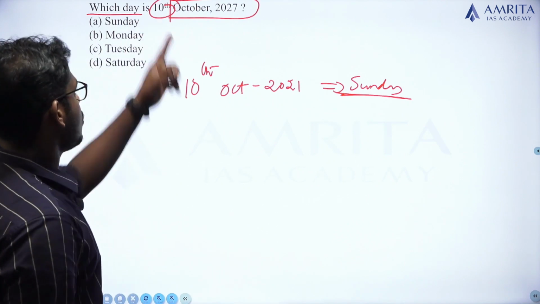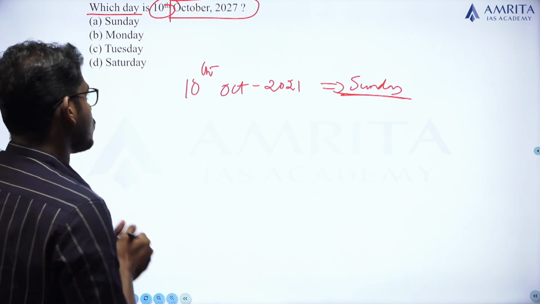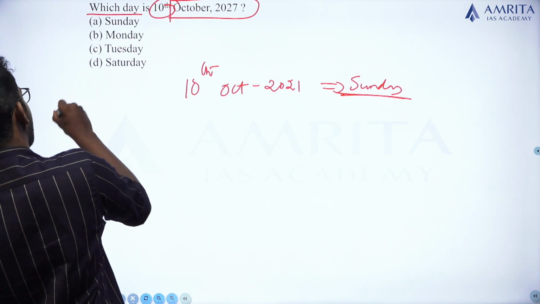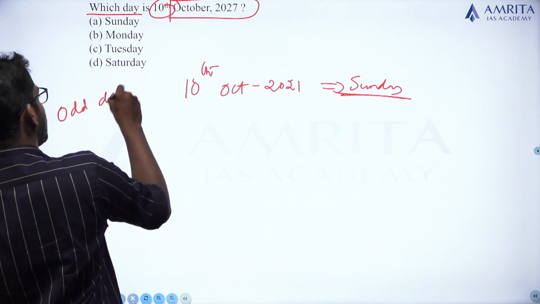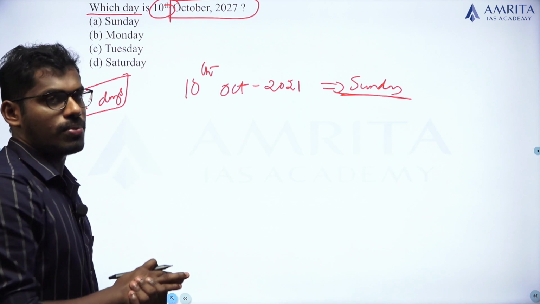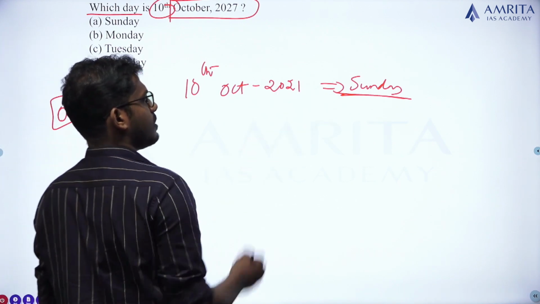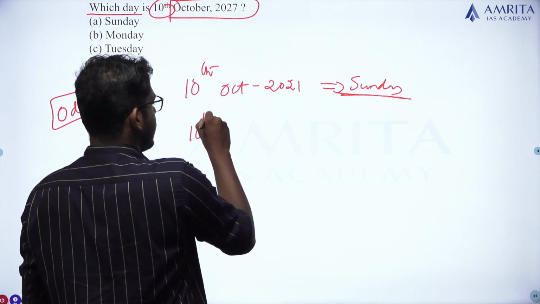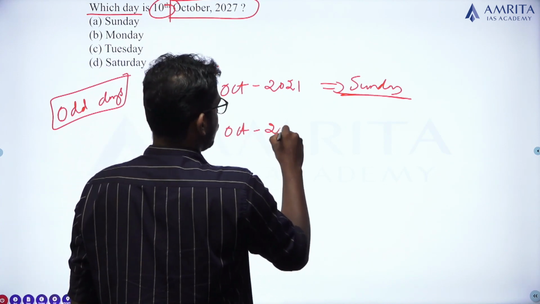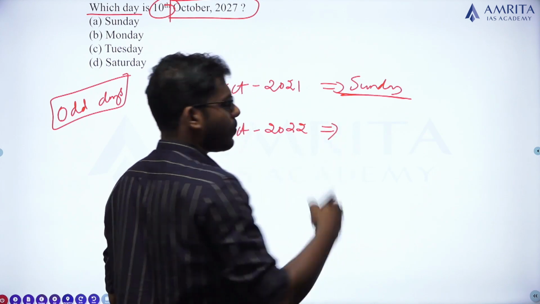But the question asks to find the day on 10th October 2027. This question can be solved if you know the basic idea of number of odd days.